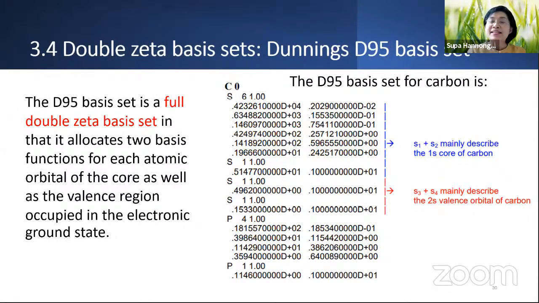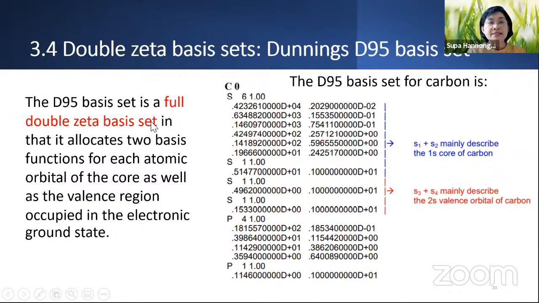Now a little bit further to the contracted GTO type 4. We call it the double zeta basis set, introduced by Dunning, and very famous, the D95 basis set. The D95 basis set is a full double zeta basis set.